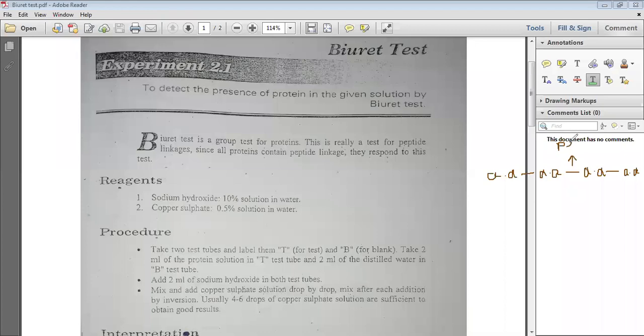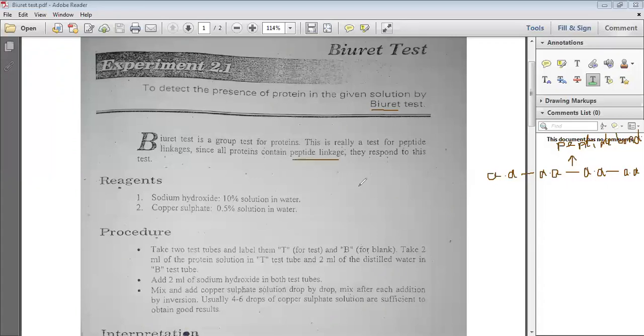So every amino acid in the protein is attached to one another through the peptide bond, or we can say through the peptide linkage. And this Biuret test is a typical test for peptide linkages.